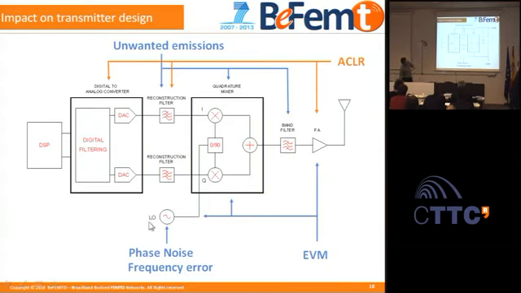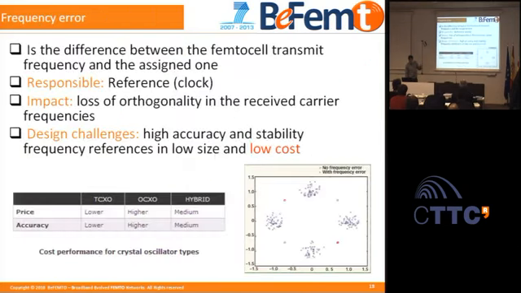This part is responsible for the phase noise and also for the frequency error. And the power amplifier, the mixer, and the local oscillator have a contribution to the error vector magnitude. In the next slide, we can see these requirements one by one.